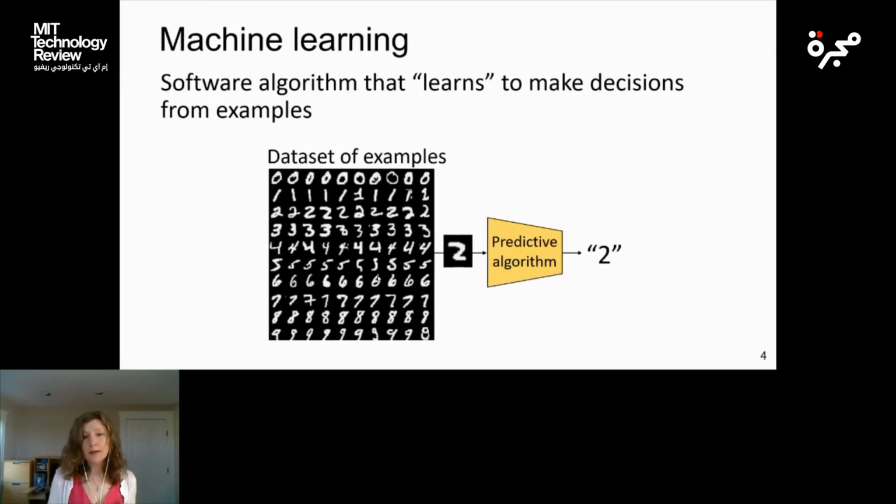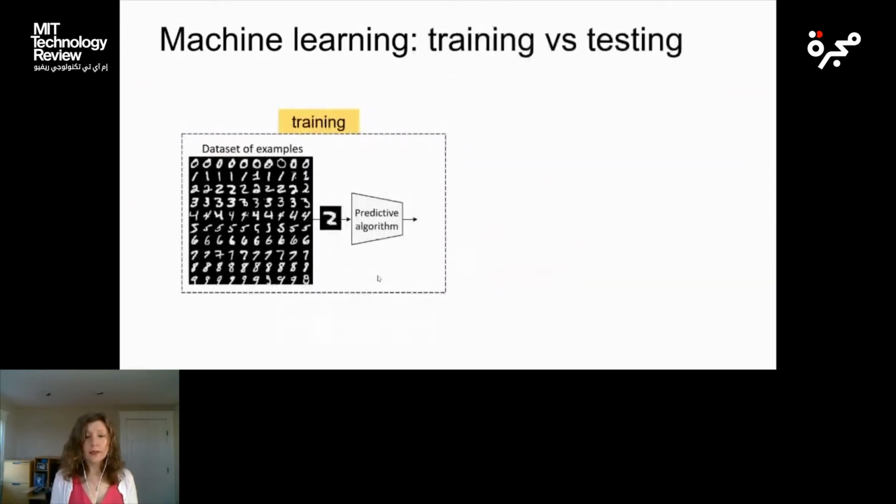Now, the learning is actually what we call a training phase. The way that an algorithm learns is it cycles through a lot of these examples from its data set, and in the process, it makes some mistakes. For example, when we start out, the algorithm might take this picture of a 2 and classify it as a 3, so it makes an error. But that's how it learns: by making mistakes and correcting its own mistakes.